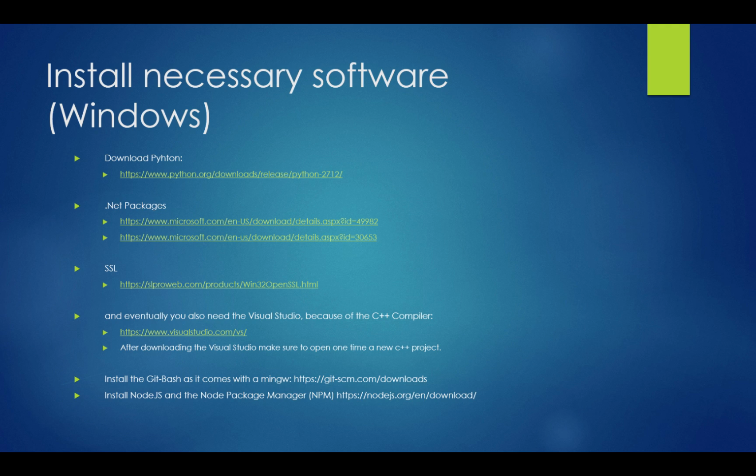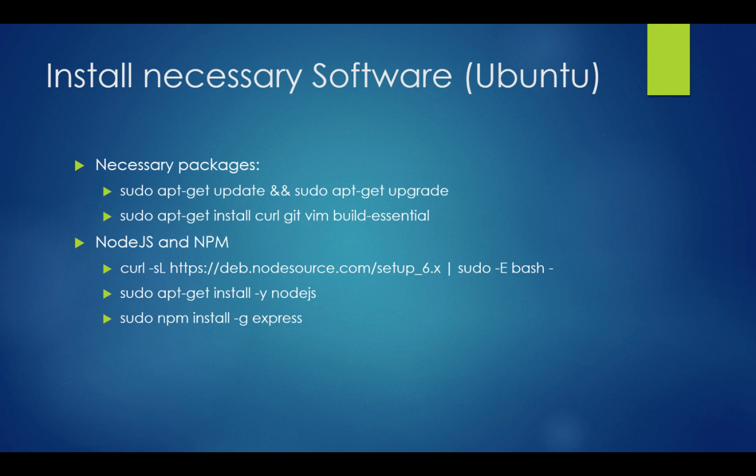I had to install Visual Studio and open one new Visual Studio C++ project in order for Visual Studio to download the C++ compiler. I also downloaded the Git bash and installed Node.js and the Node Package Manager from the nodejs.org website. On Ubuntu, it's a little bit easier.